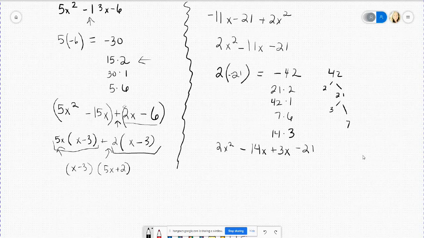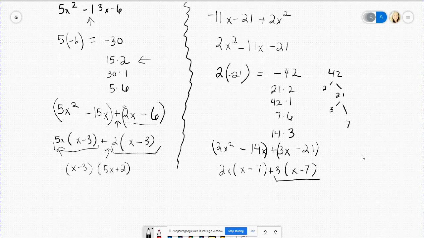All right, so you ready to group? Okay, group, group, group, group. What are we going to take out of the first term? Good. So that'll leave x minus 7. And then what about the second one? Which would also be 3 minus 7.